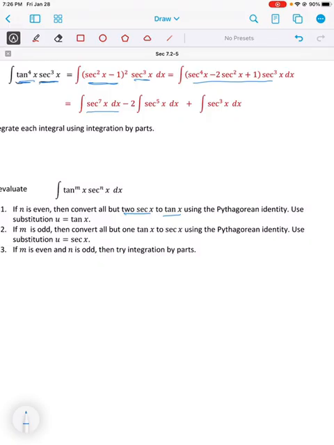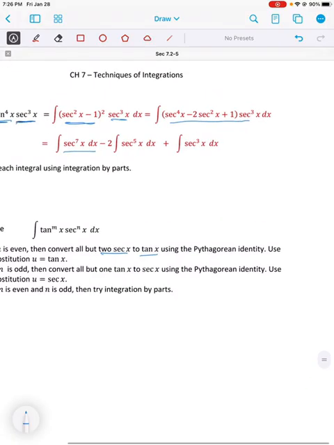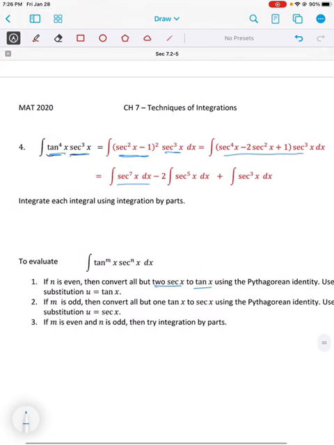Now if m is odd, so m is odd means we can actually have secant even or odd, it doesn't matter. So if m is odd, you can do it this way. You can convert all but one tangent to secant, using the Pythagorean identity, then u equals secant x and solve it.